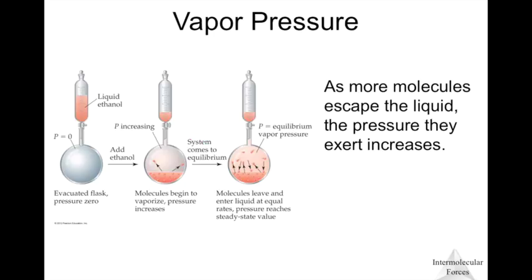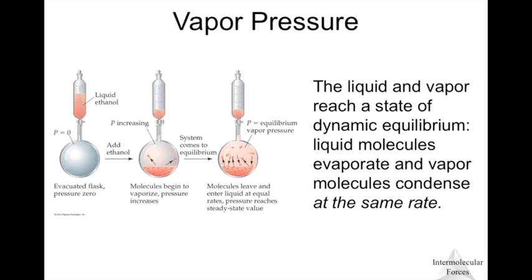So as more molecules escape the liquid, the partial pressure they exert starts to increase, obviously, right? But eventually, you're going to reach this equilibrium point where the molecules evaporate, and that's at equilibrium with those same molecules then condensing and going back into the liquid. So that's that dynamic equilibrium. Dynamic because they're always changing, but it's still in balance. Basically, every time something evaporates, something's going to condense.